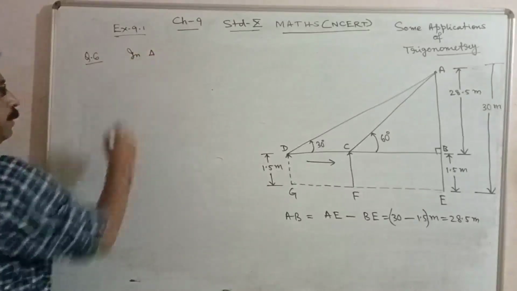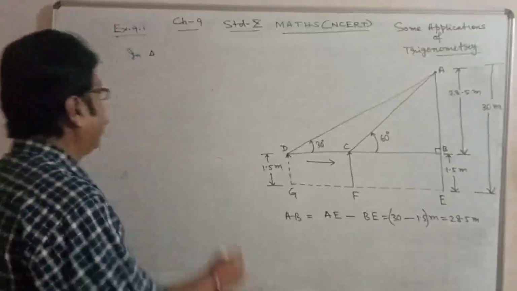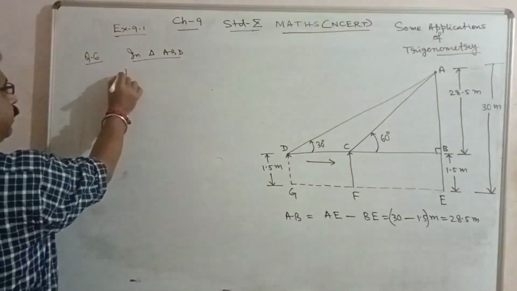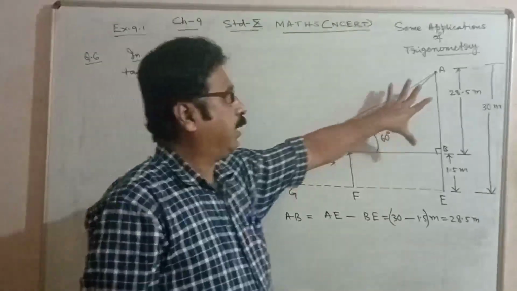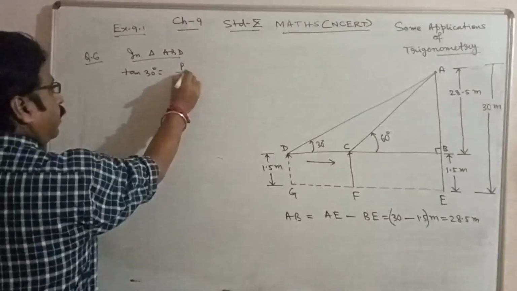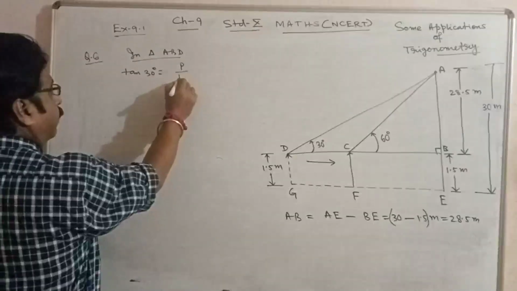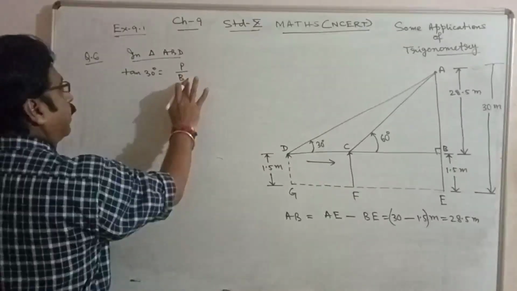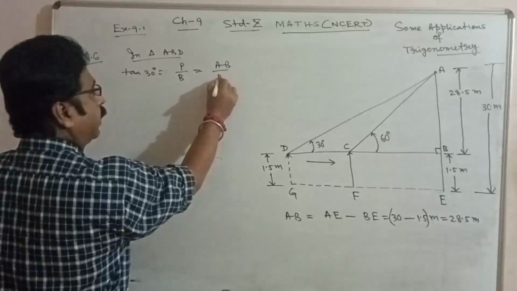In triangle ABD, tan 30 degree. Opposite to 30 degree, the side is AB, this will be the perpendicular, and BD is the base. Perpendicular is AB, base is BD.